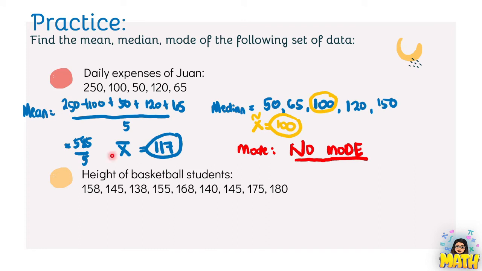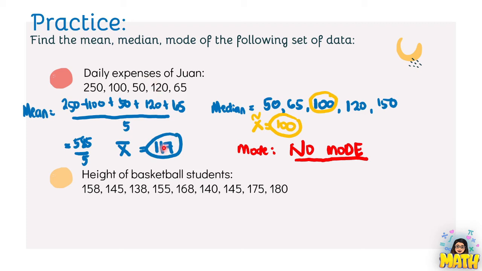For the first one, daily expenses. For the mean, we simply need to get the sum of the expenses divided by the number of data. So that is 585 divided by 5, 117. That means the average daily expenses for 5 days is 117 pesos.